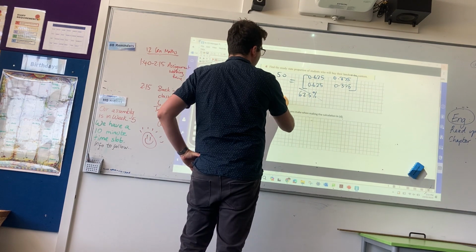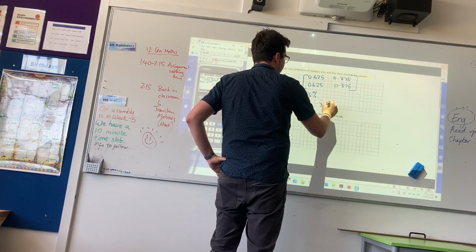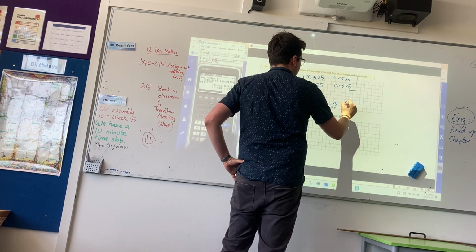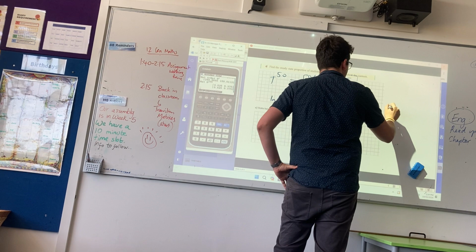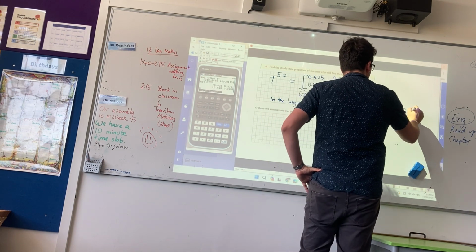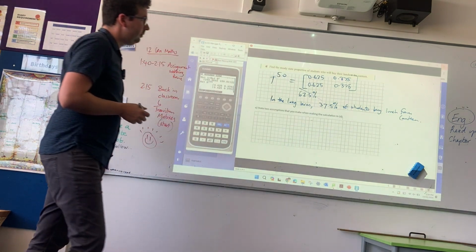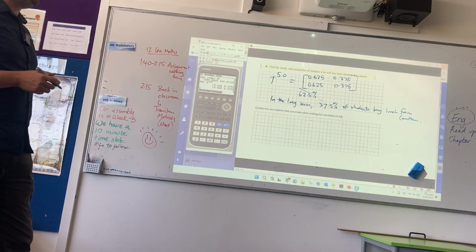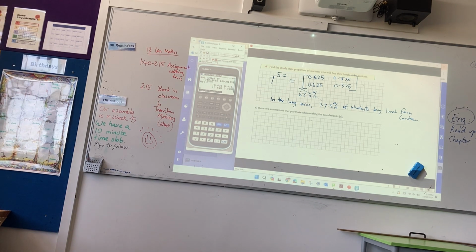So in the long term, all it's asking for is the canteen. So in the long term, as in the long run, like overall, eventually 37.5% of people buy it from the canteen.